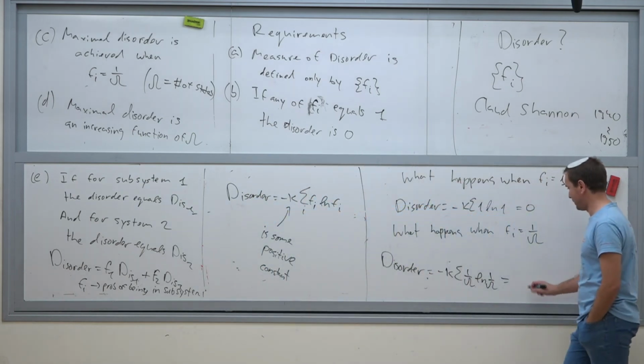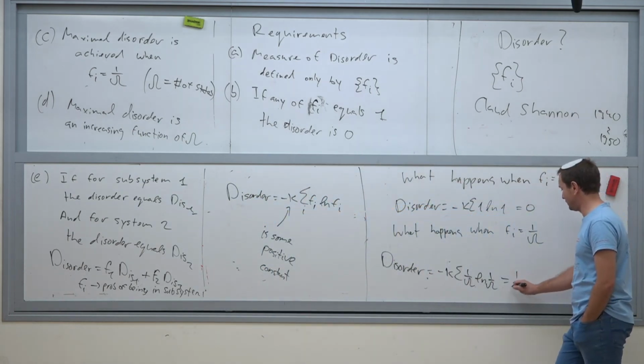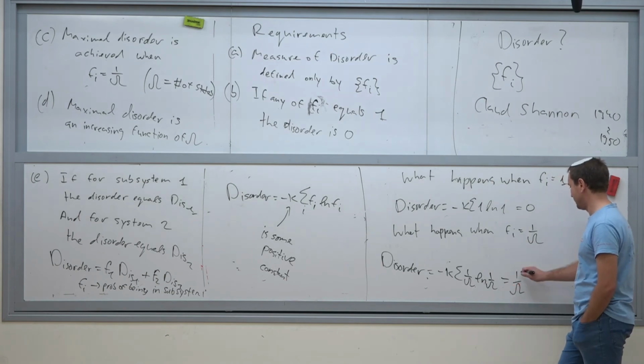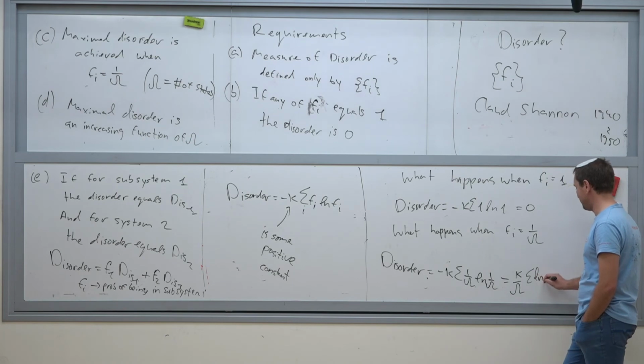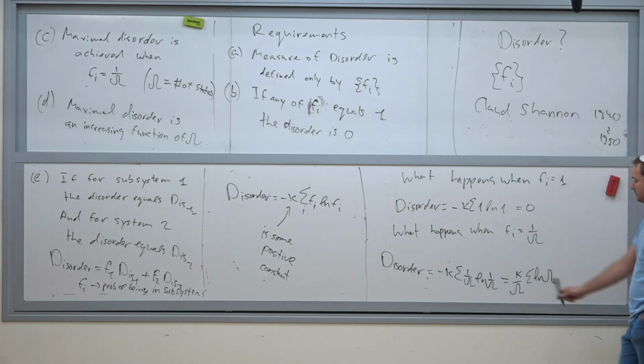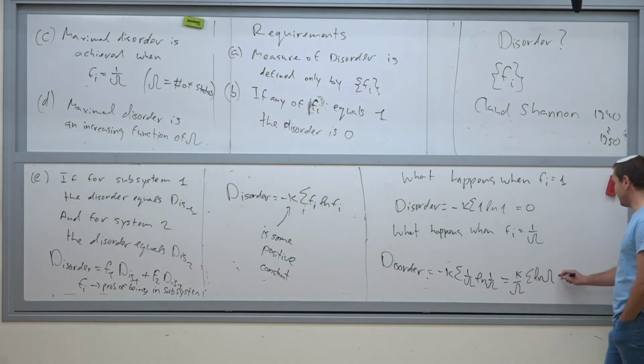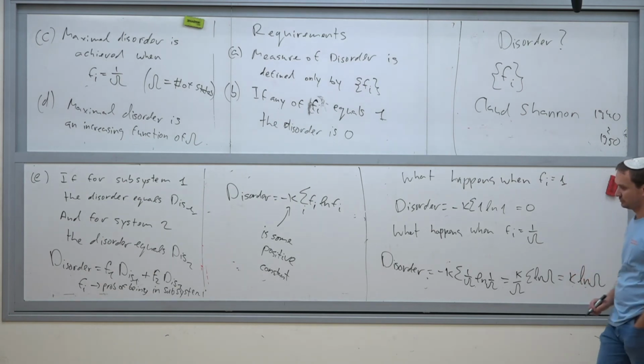It's a sum of 1 over omega, k, times log of omega. What is the number of states? It's just omega, so it equals k log of omega.